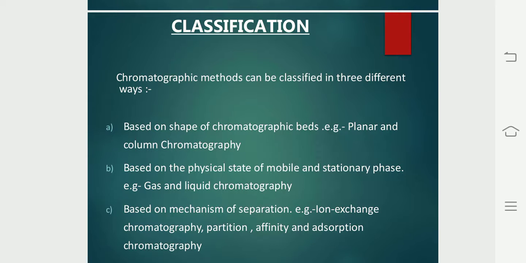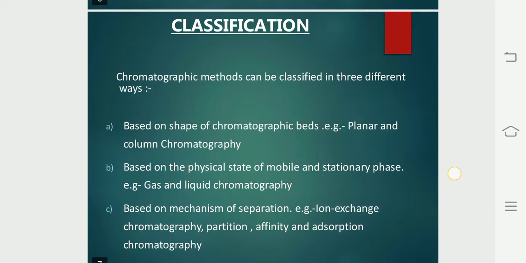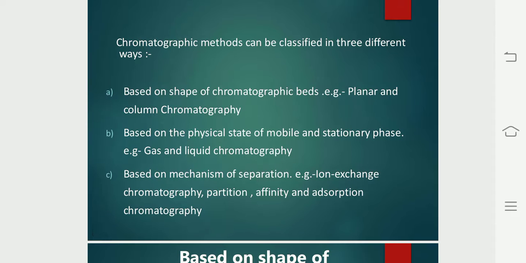As you all know, chromatography is a modern method of food analysis, and it is a physical method in which substances can be separated, identified or purified on the basis of the partition coefficient or adsorption phenomena. The classification of chromatography is basically based on three ways. The first one is based on the shape of the chromatography bed.